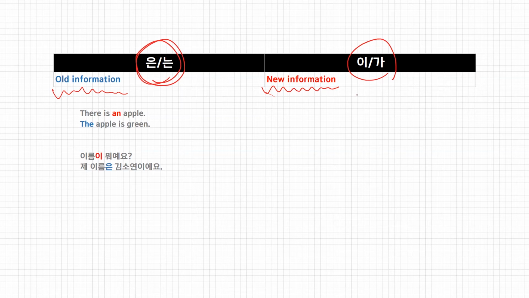In this case, 이가 is like the indefinite article, and 는 is like the definite article. For example, there is an apple. New information. The apple is green. The one that I mentioned earlier is green.